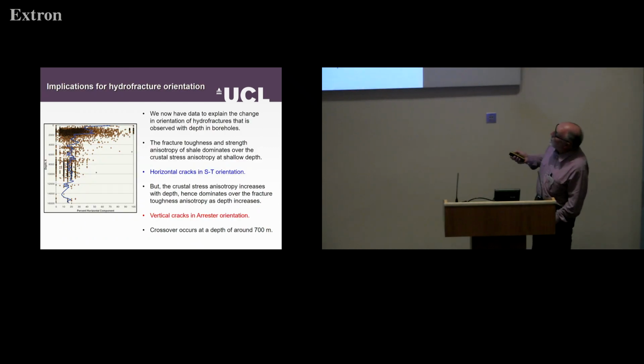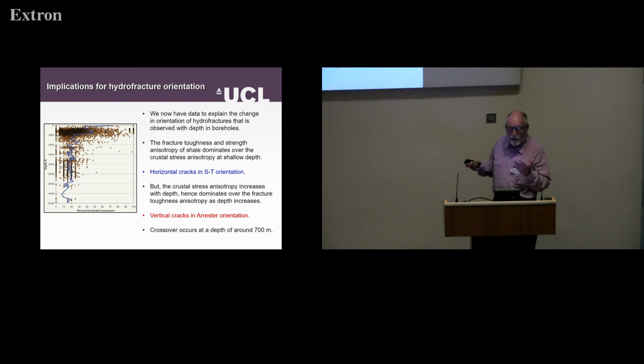What are the implications of this for the hydrofracture orientations that are observed in the crust? So we now have some data which helps us to explain the observed orientations of hydrofractures in these US boreholes. And what we're suggesting is that the fracture toughness and strength anisotropy of the shale material dominates the orientation of fractures in the shallow crust.